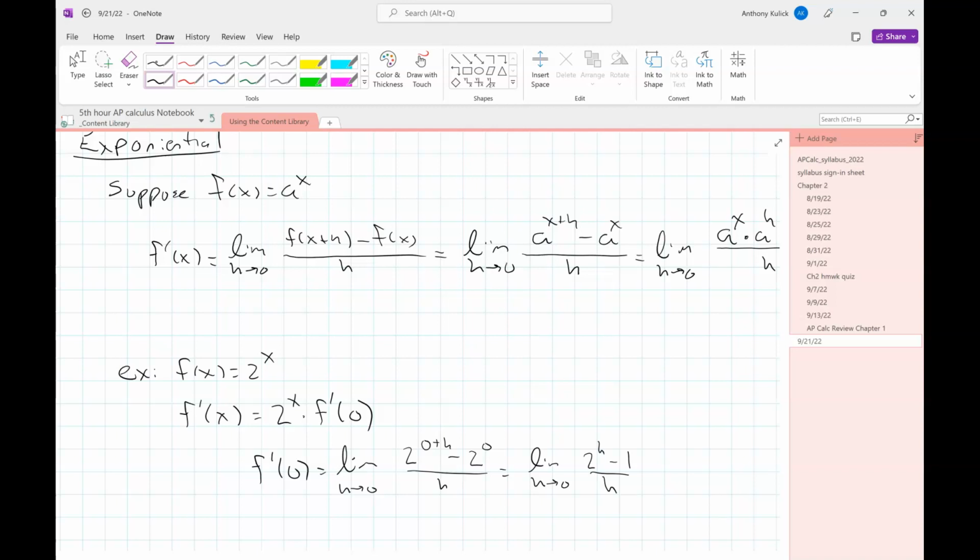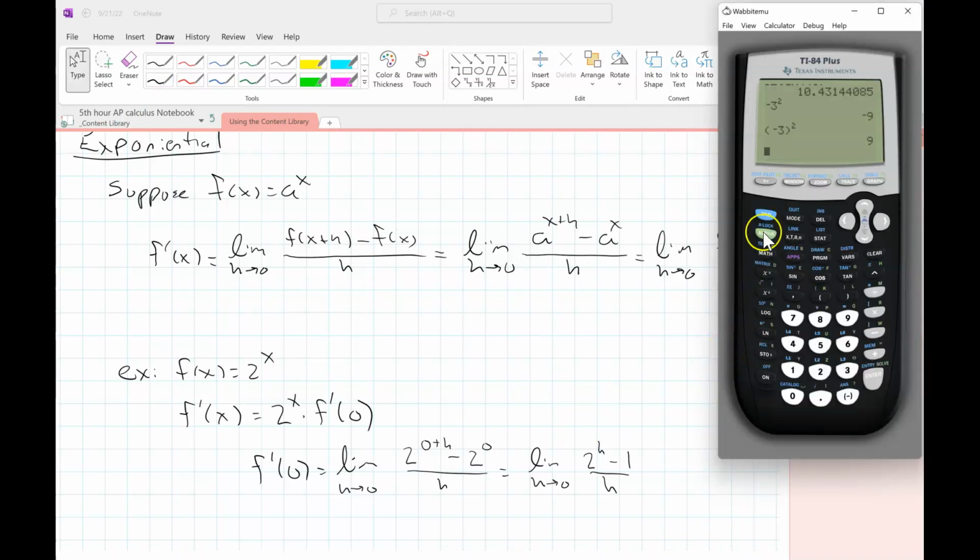Yeah, you could use a graph or a table. That's what we're talking about, just using the calculator. If you can't deal with the indeterminate form via direct substitution, you still have methods available to you.